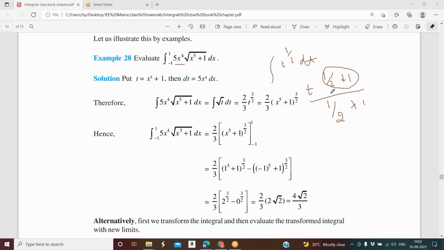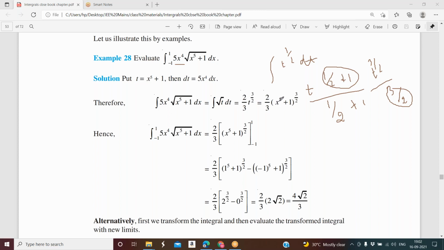So t to the power 3 by 2 divided by 3 by 2. If the 3 by 2 goes to the numerator, then you will get 2 by 3 t to the power 3 by 2. Now I have to replace the new variable by the old variable.